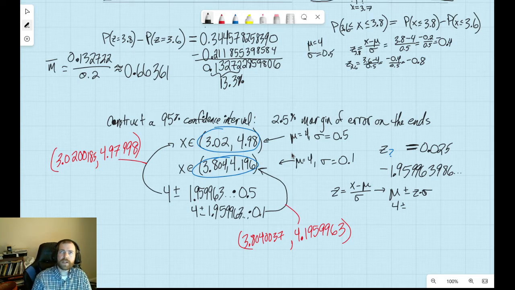So, like, we can be 95% confident that the really crappy coins are going to be between 3.02 and 4.98 centimeters. So this would be, you know, minting something for a game, really tiny poker chips, that you don't really care about their accuracy. The second version would be something like minting coins where you really need to be sure of their accuracy to make sure that they're not being forged or anything like that.